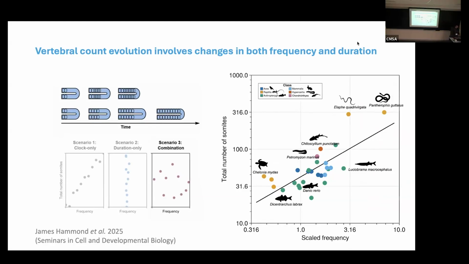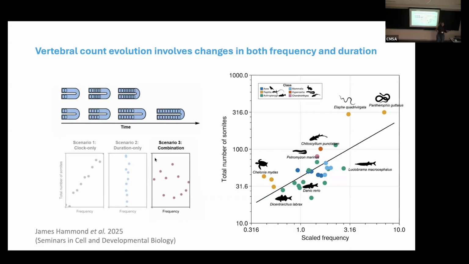And this was shown already in Olivier's lab here when he did the work on the corn snake. So what we're taking is the time to the appearance of the first pharyngeal arches.